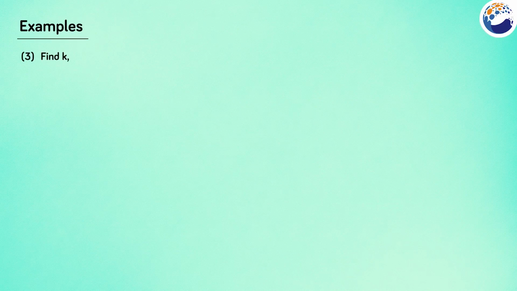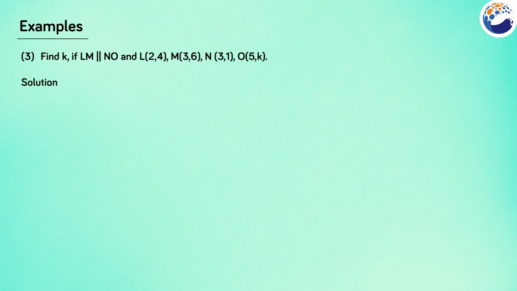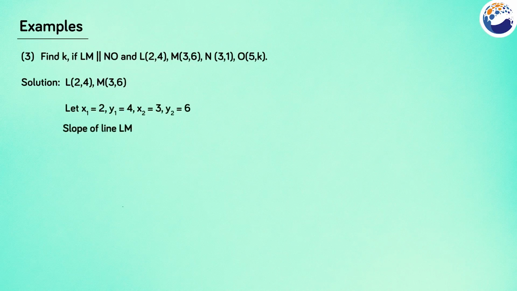3. Find k if line LM is parallel to line NO, and L(2, 4), M(3, 6), N(3, 1) and O(5, k). Solution. Consider L(2, 4) and M(3, 6). Let x1 be equal to 2, y1 be equal to 4, x2 is equal to 3 and y2 be equal to 6.